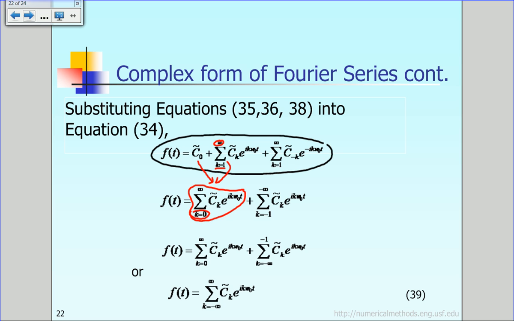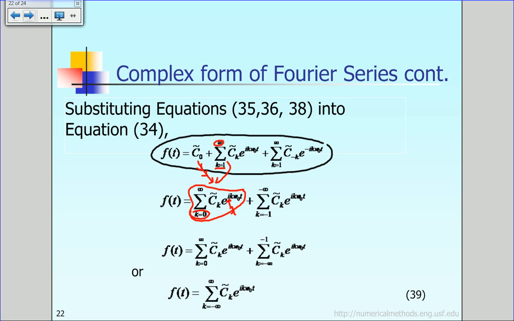That way the effect of the term C naught is already included in this new summation here. Because if k is equal to 0, then what you have is the C tilde naught term, which comes from here.